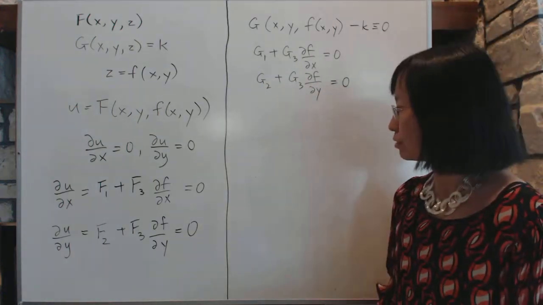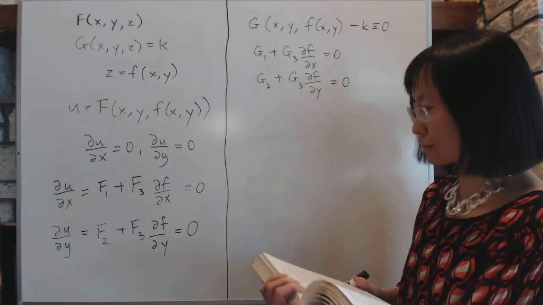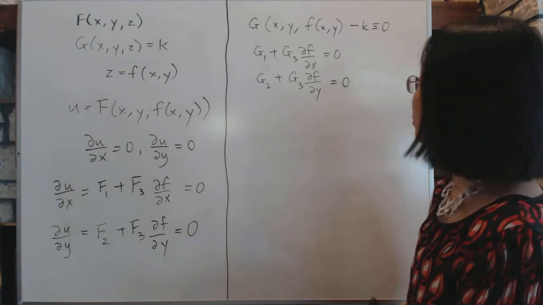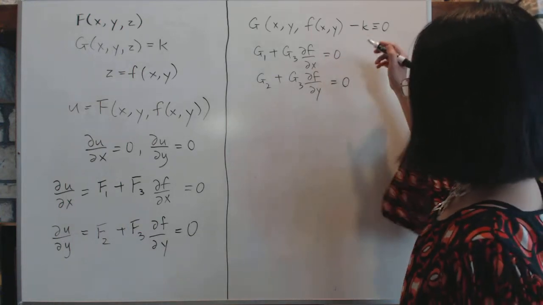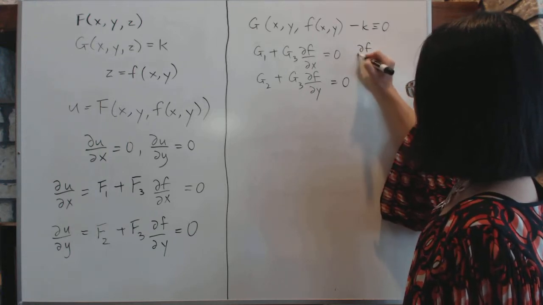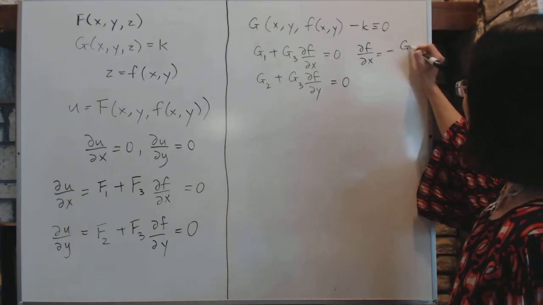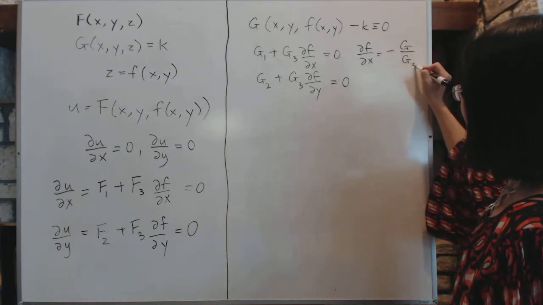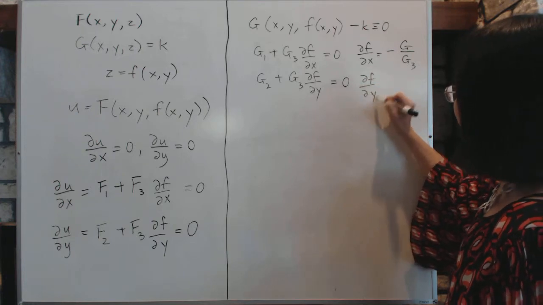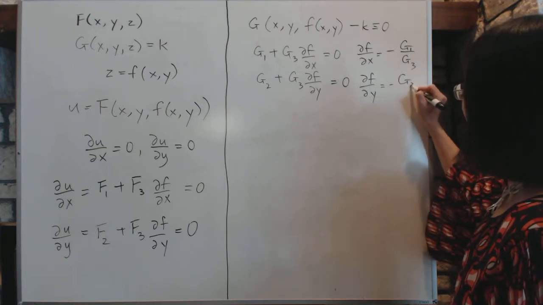So now we have two sets of equations. This gives us partial f partial x, which is simply equal to minus g1 over g3. And similarly, partial f partial y equals minus g2 over g3.